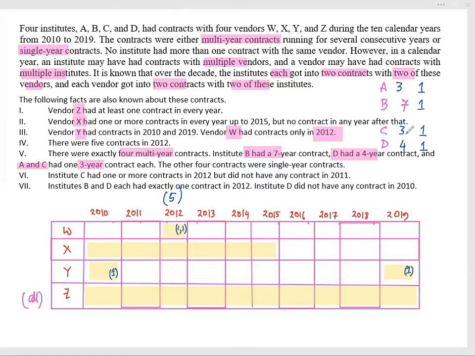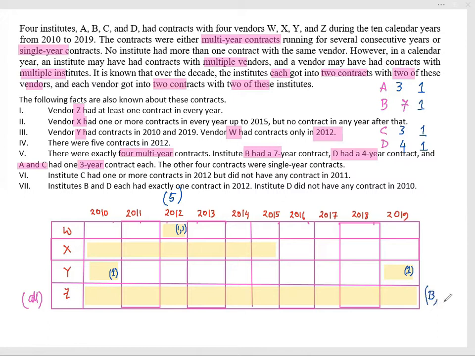The rest of the contracts will be divided in this entire zone. Here 10 years and here 6 years, so 16 need to be divided in this zone. And I can see 17, so one overlap needs to be there. But that 7-year contract of B cannot be with anyone other than Z. So B definitely needs to be present here.